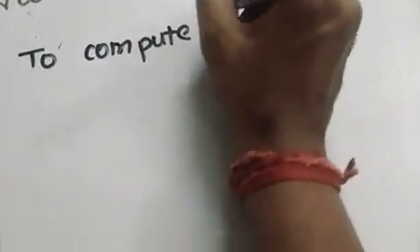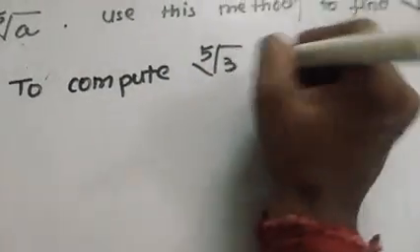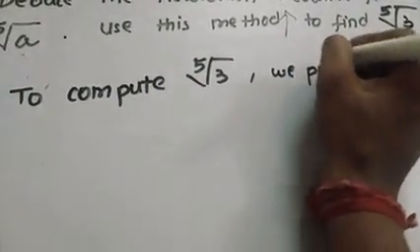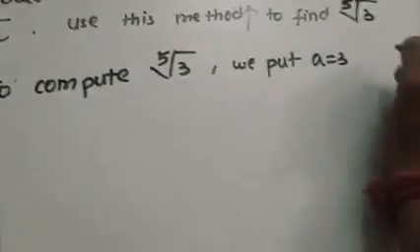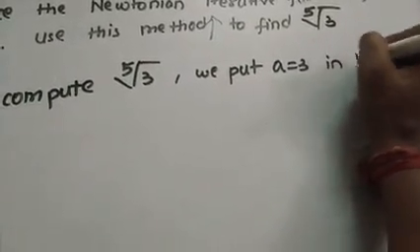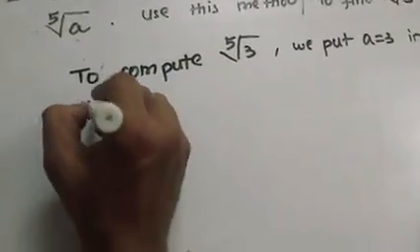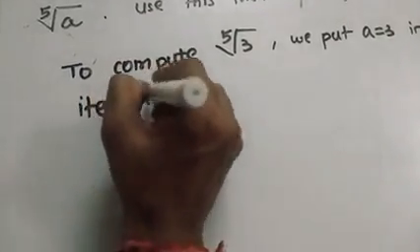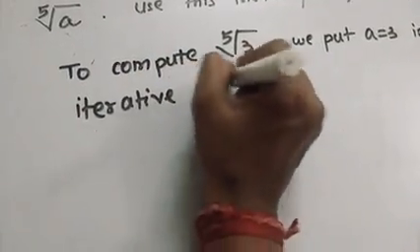So then we write, to compute the fifth root of 3, we put a equals 3 in the iterative formula.